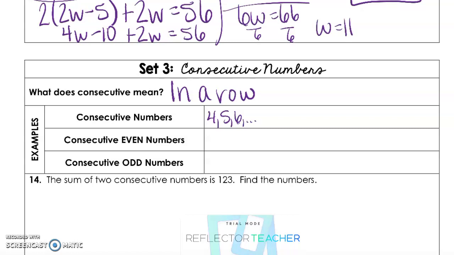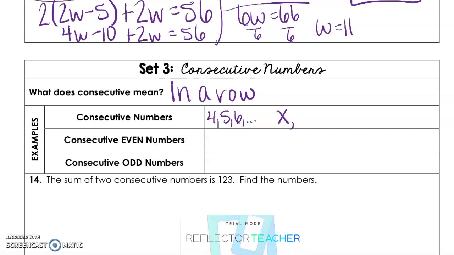So what we need to have is an algebraic way to describe any set of consecutive numbers. So the way we do that is we're going to always call our first number x, or you can call it n, whatever is more comfortable for you. Then you need to describe mathematically how to get the second number from the first number.